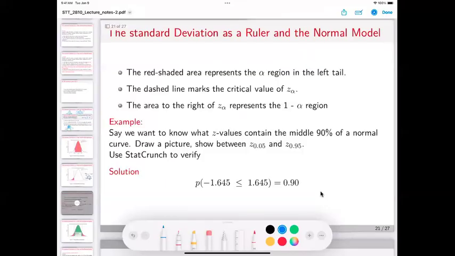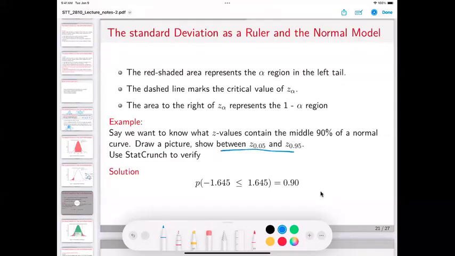Let's proceed. So the first example we did, we want to try to do this. Let's try to know the z values that contain the middle 90% of the normal curve. So let's try to do that. And then let's draw a picture and show this.